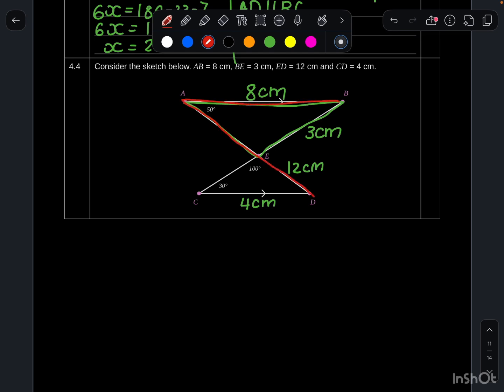So we've got alternating angles here, because we've got parallel lines. So this one's 50 and that one's 50, so those angles are equal. We've also got alternating angles this way, so this angle and this angle are equal.